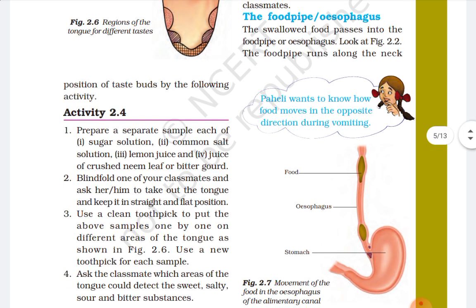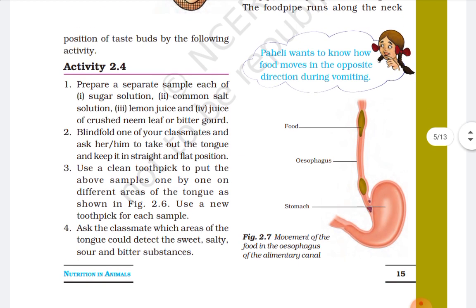Prepare separate samples of sugar solution, common salt solution, lemon juice, and juice of crushed neem leaf or bitter gourd. Blindfold one of your teammates and ask her or him to take out the tongue and keep it straight and flat.